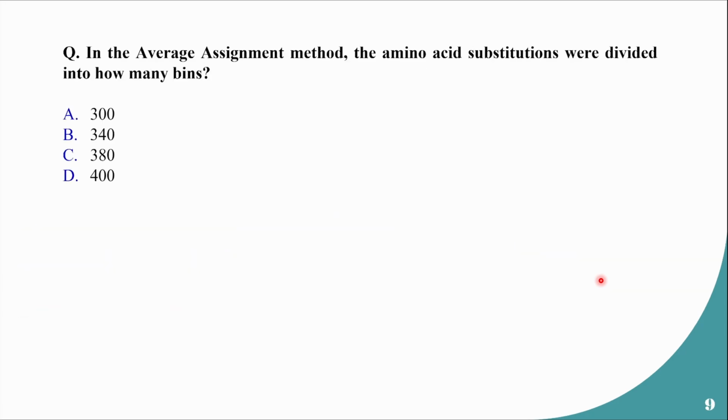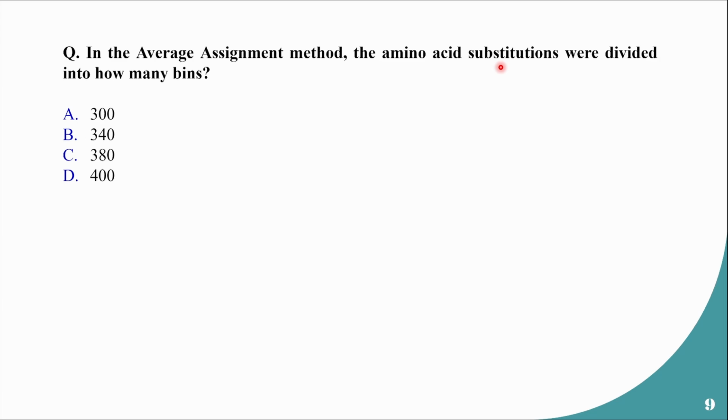Now for the average assignment methods, the amino acid substitutions were divided into how many bins? Does anybody know? Since this is talking about amino acid substitutions, we have to calculate pairwise substitutions, right?